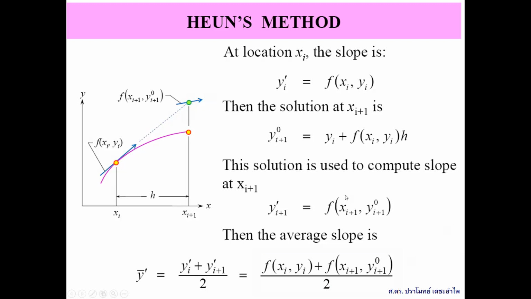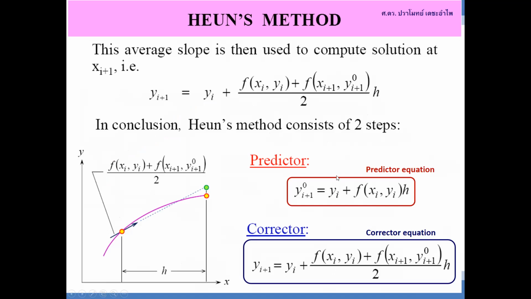After that, we will use the average slope instead in order to determine y i plus 1. That is the basic idea of Heun's method.